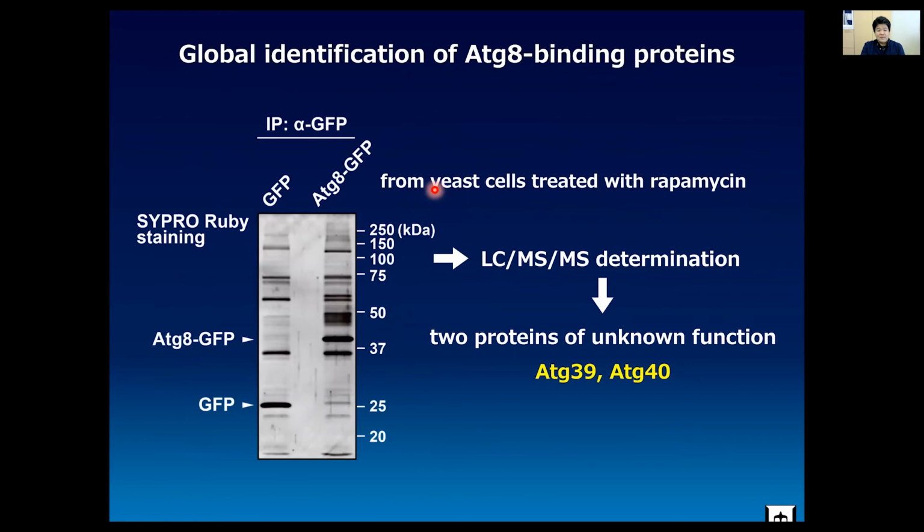We isolated ATG8 from yeast cells, identified proteins isolated together with ATG8 by mass spectrometry, and focused on two proteins nobody had analyzed before, which we named ATG39 and ATG40.